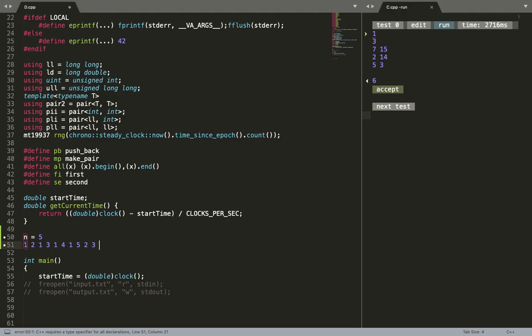Now, we can't go to 1, I already used this edge here. We'll go to 2. Then probably we want to go to 4, then 2, then 5.